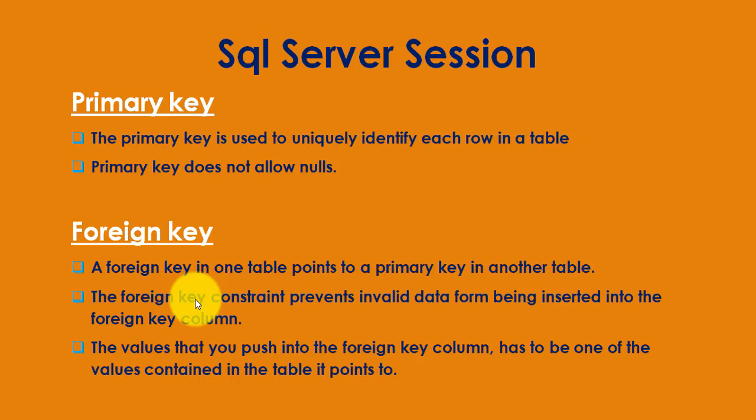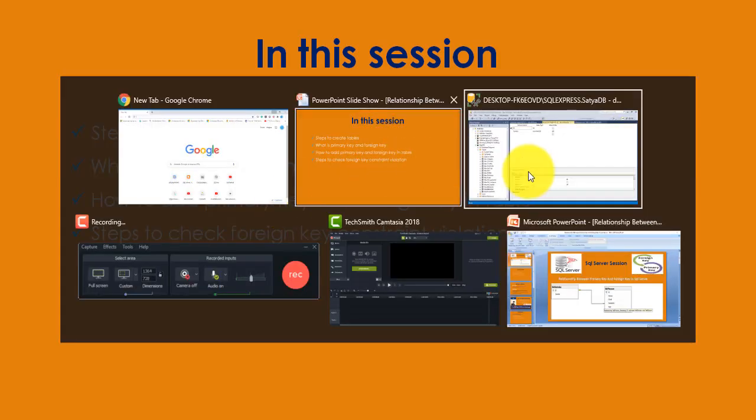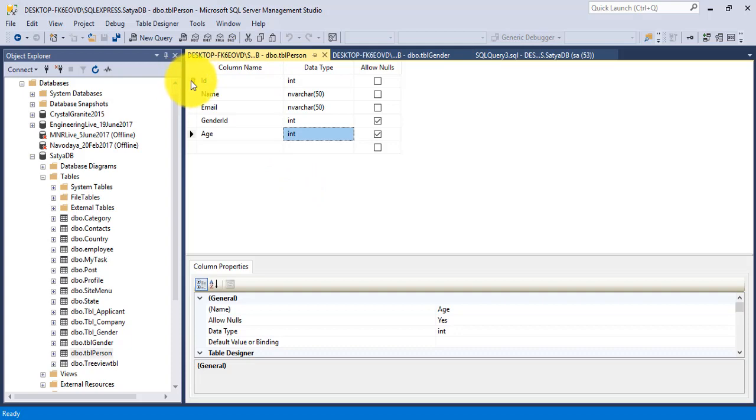Okay, now our next step is how to add a primary key and foreign key in a table. I'll show you, go to SQL Server. First we should know how to add a primary key column. In the tblPerson table I have already added the primary key on the ID column.